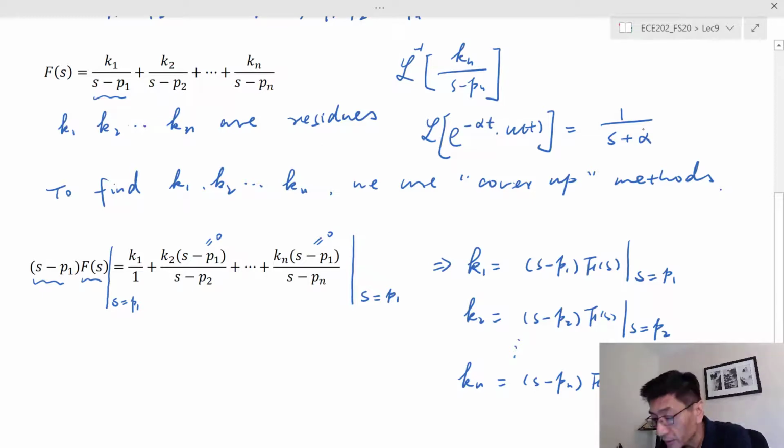So you can think of this negative Pn as alpha, therefore the inverse Laplace transform f(t) should be e to the minus alpha t, where alpha is negative Pn, so you get e to the Pn t times u(t). Right? So that's how you do the inverse Laplace transform once you get this partial fraction expansion.